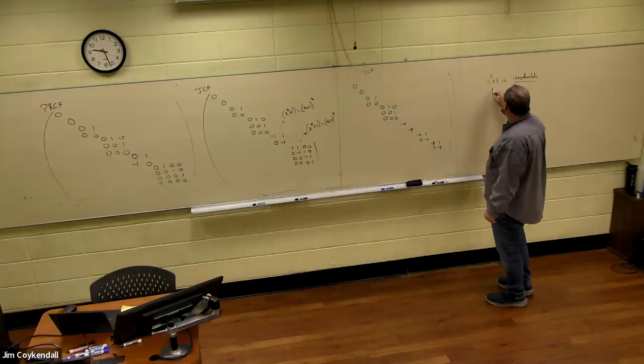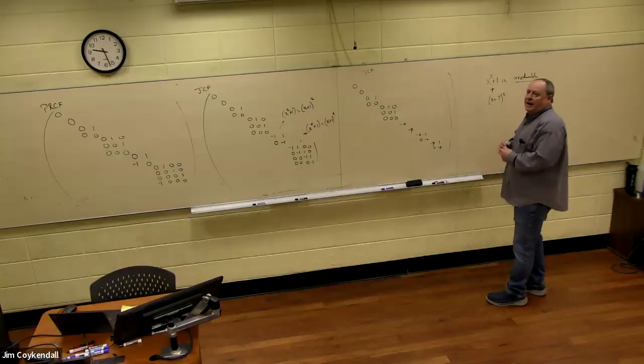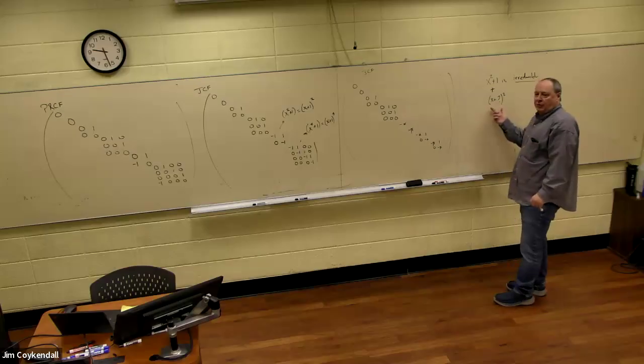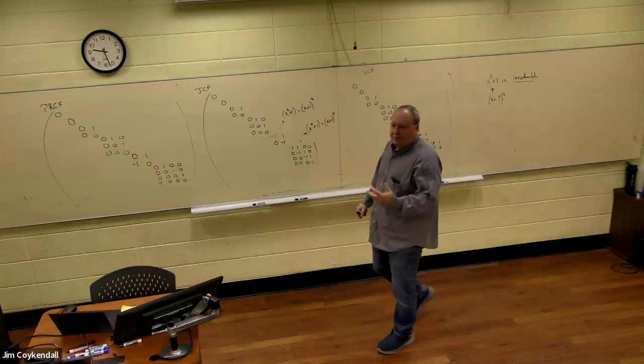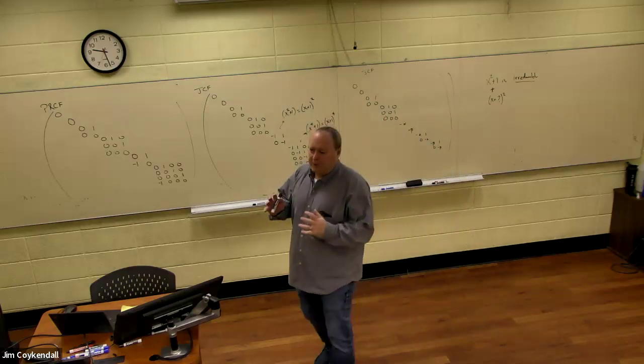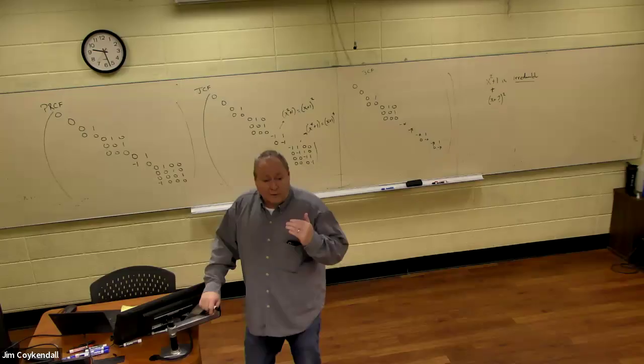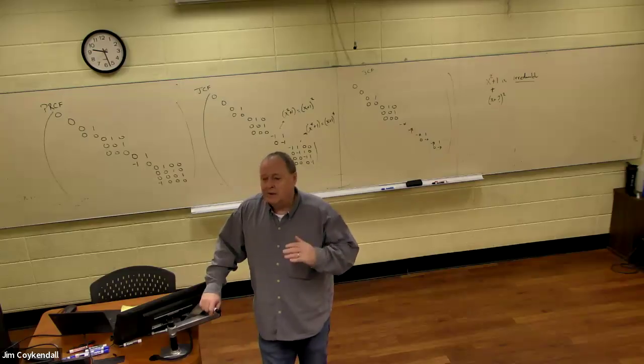Right, this is not equal to (x plus something) squared. And that's what you need for the Jordan form: you need to be able to factor every polynomial.